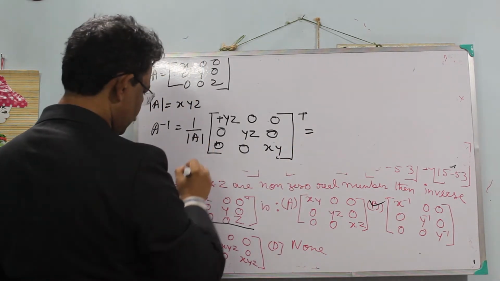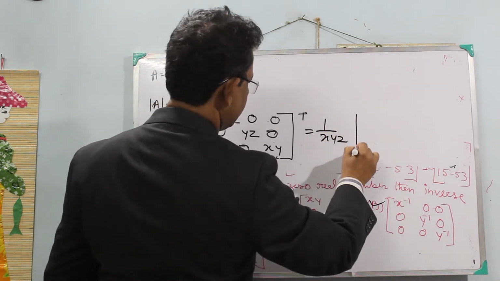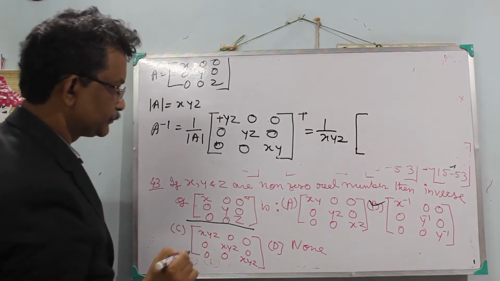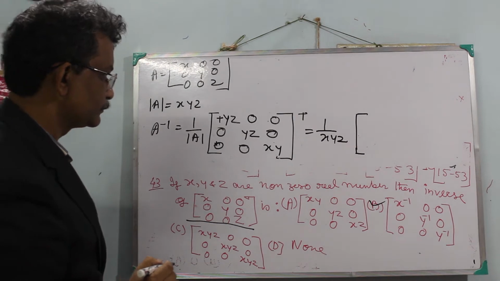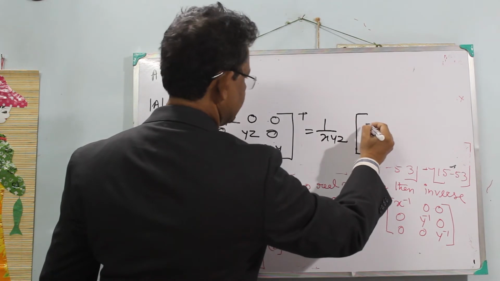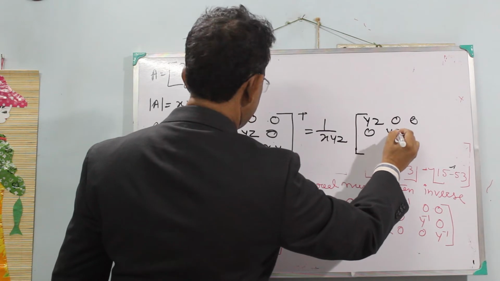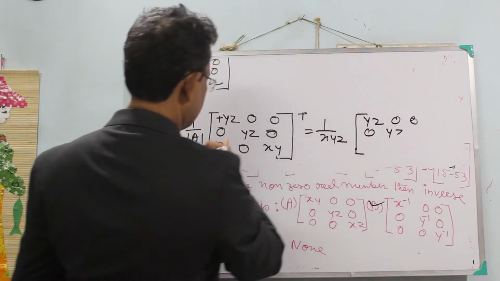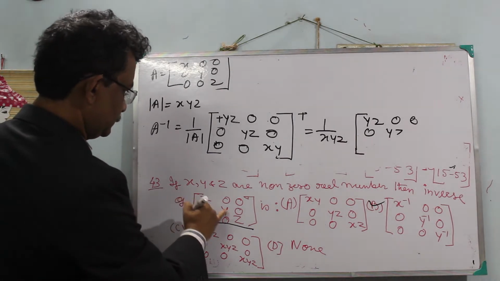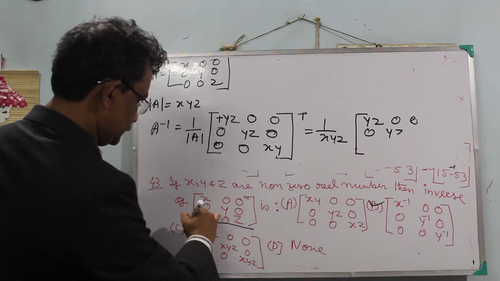So let's see, 1 by det A is 1 by xyz. Then the transpose: yz 0 0, 0 xz 0, 0 0 xy.